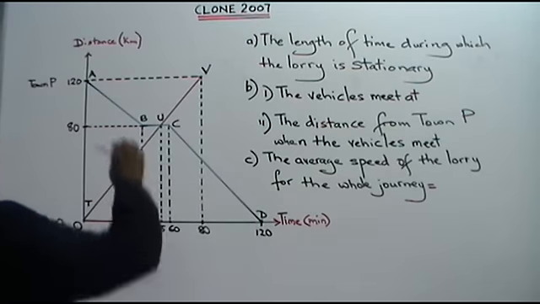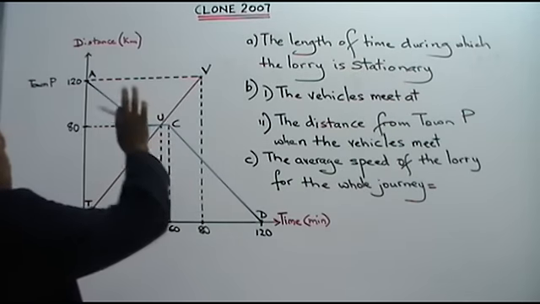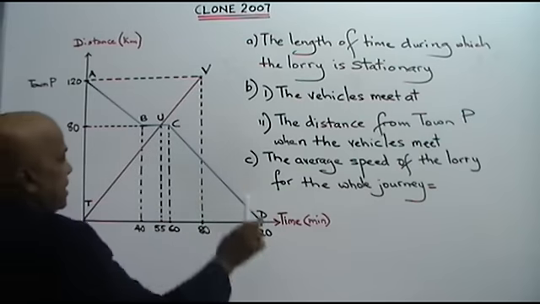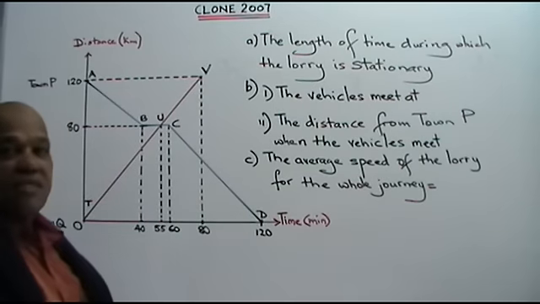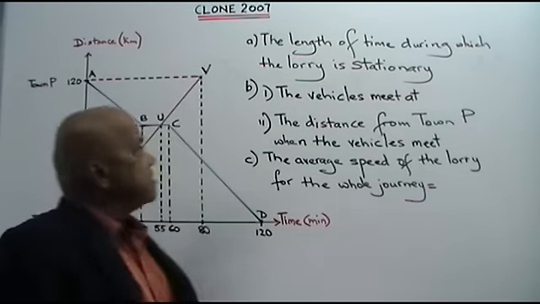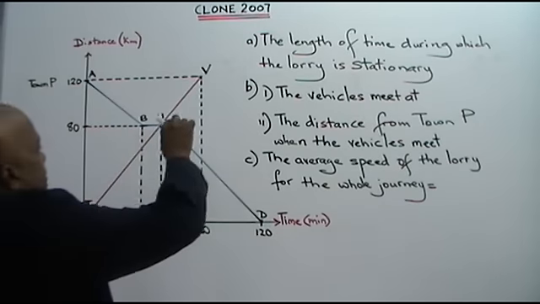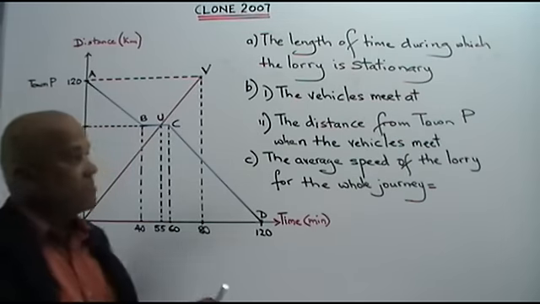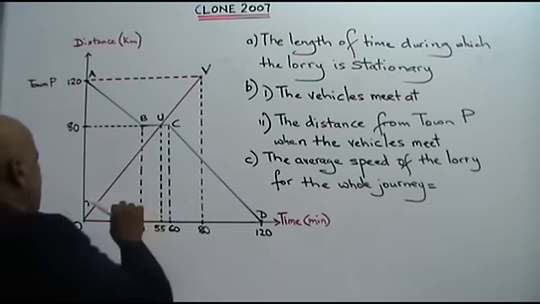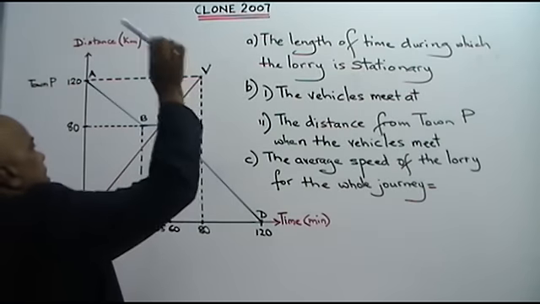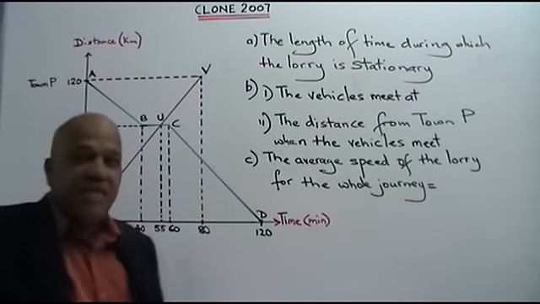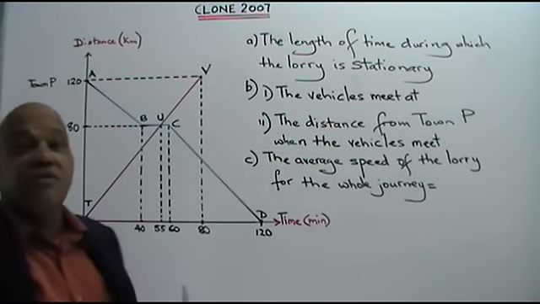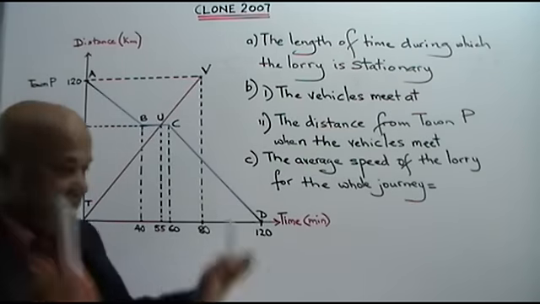Okay. Now you are given this graph. A, B, C, D is the graph that represents the journey of a lorry from town P, and the graph TUV represents the journey of a car from town Q. Okay.